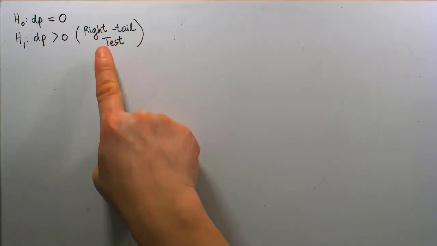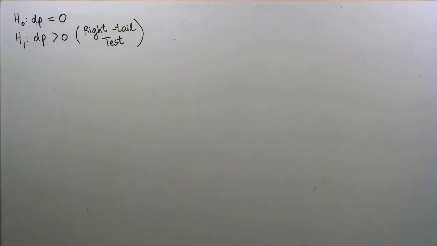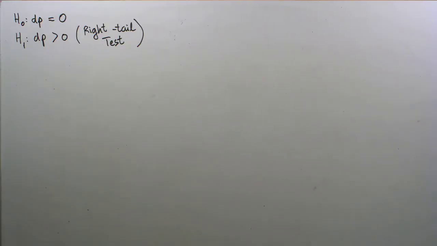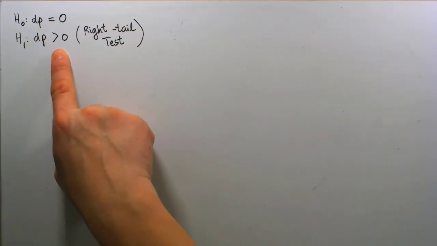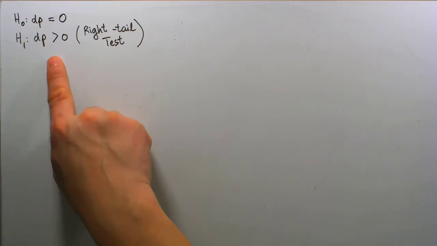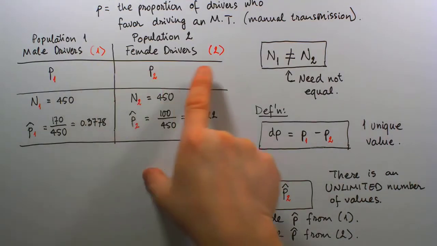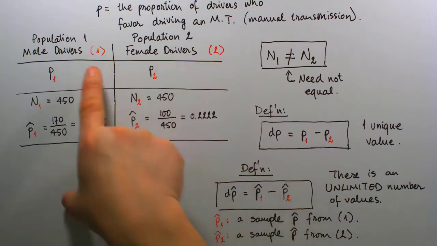And so what I need to be clear about here is that anytime we're testing a hypothesis comparing two population values, and specifically here we're comparing two population proportions, just because the wording in the question says less than doesn't mean that the alternative hypothesis has to be less than. It all depends on how we assign the numerical labels for our two populations.